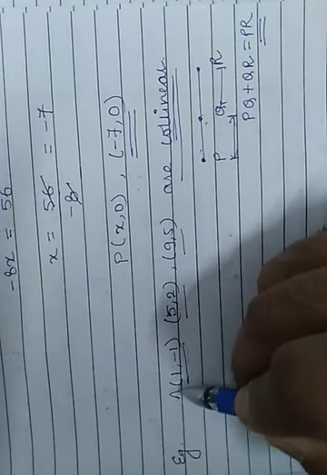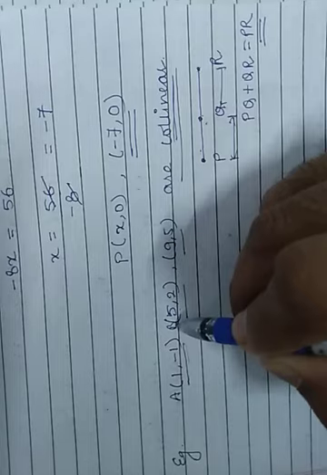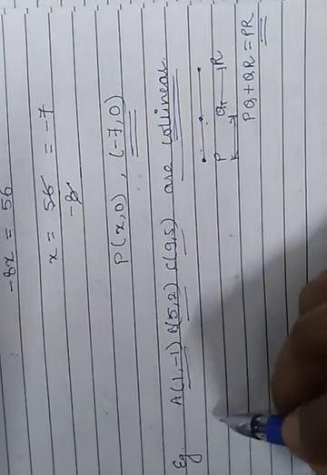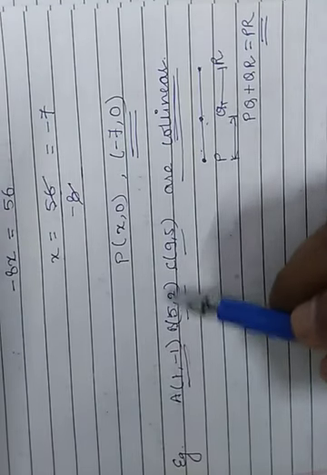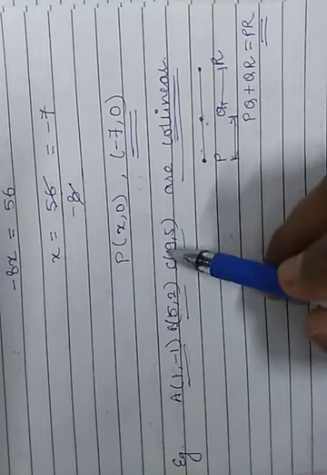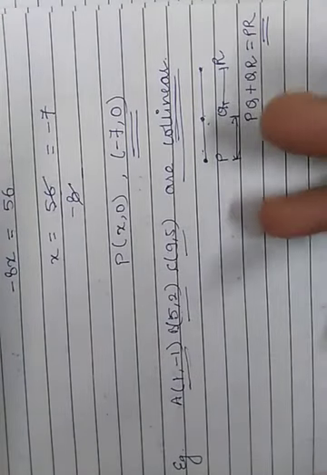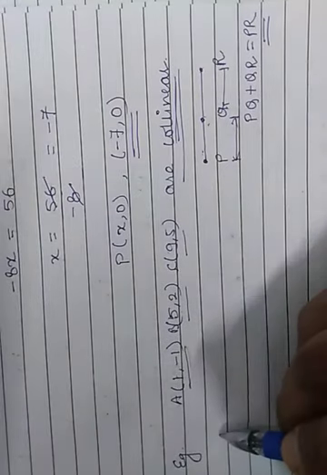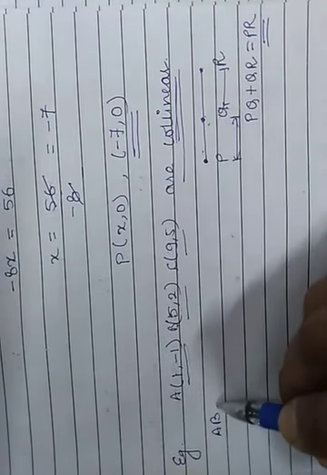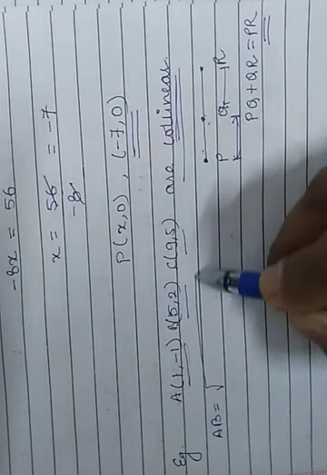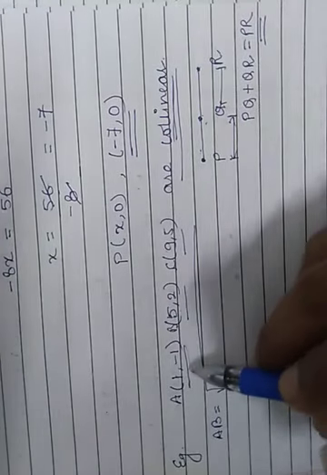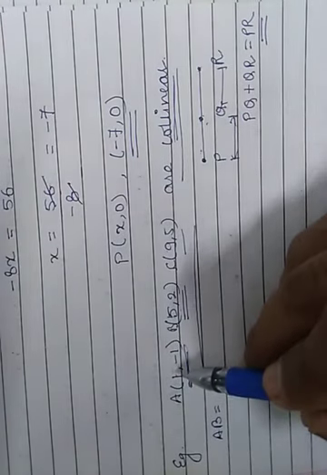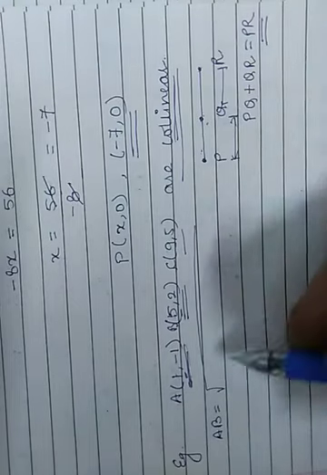So let this point be A, consider this as B and this is C. Now what we will do, we will calculate AB, BC and AC. All the 3 possibilities we have: AB, BC and AC. Now AB, we can do it very quickly. See how? This is A and this is B. So the difference of x coordinates. Here the x coordinate is 1, here the x coordinate is 5.